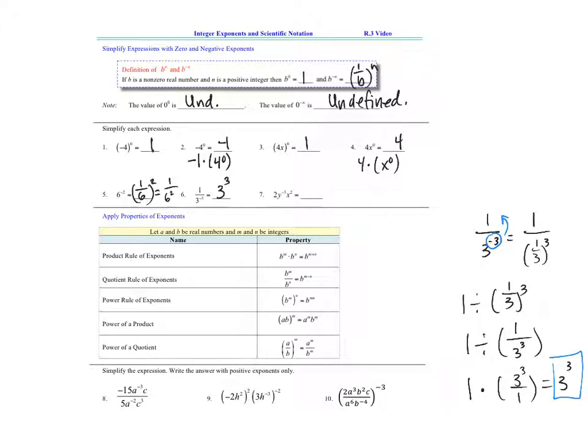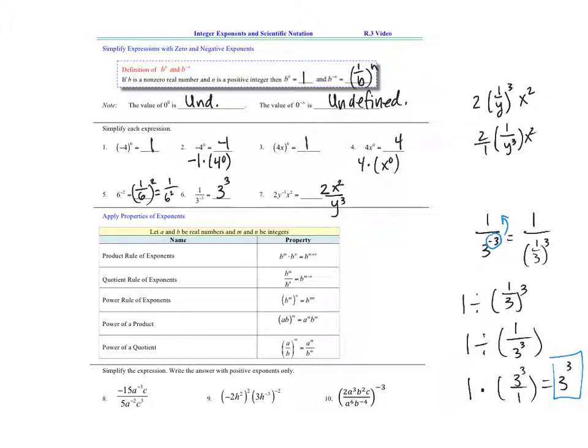Now on this one, this ends up being 2x squared all over y cubed. The only thing that's negative there is the y. Looking at that the long way, we would take 2 times the reciprocal of y to the positive 3 power, and then it would be x squared. 2 times 1 cubed is just 1, y cubed, and then x squared.